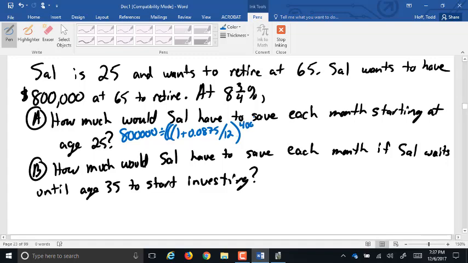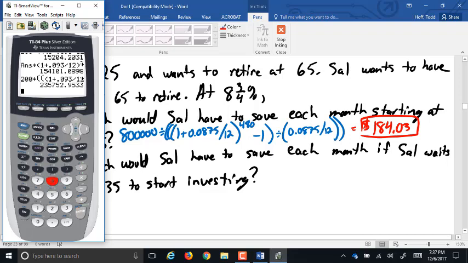That's 40 years times 12 months in a year, minus 1, close, divided by 0.0875 divided by 12, close and close. $184.03. Do we all concur? We've got a couple that concur. So I'll give you some time to work on the other one here while we double check everybody's calculations.